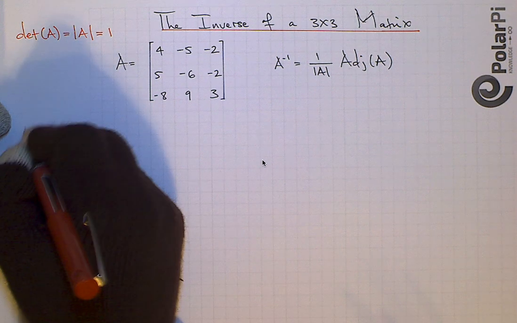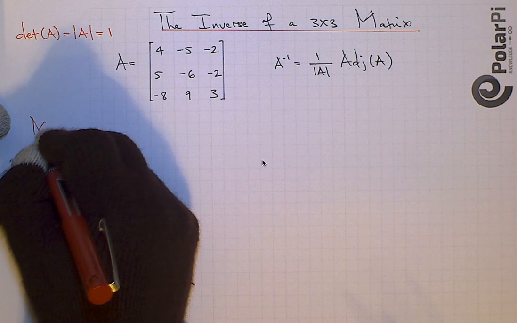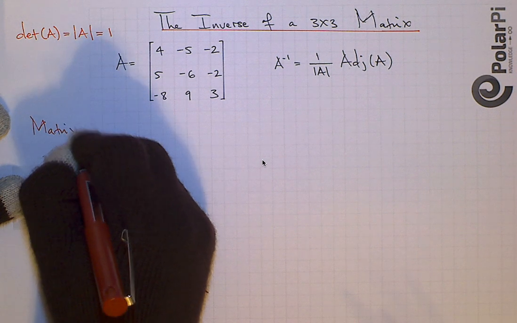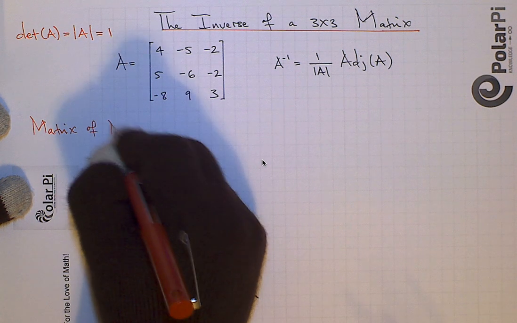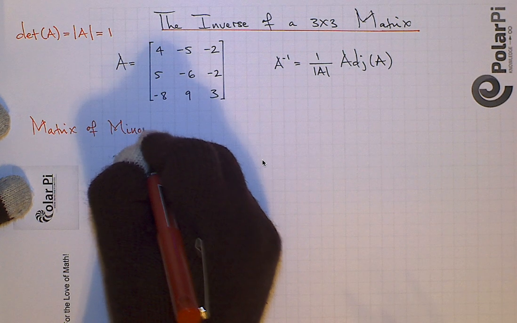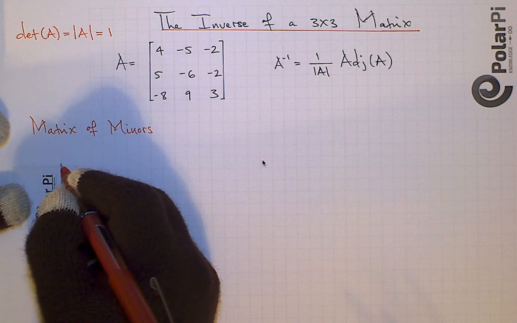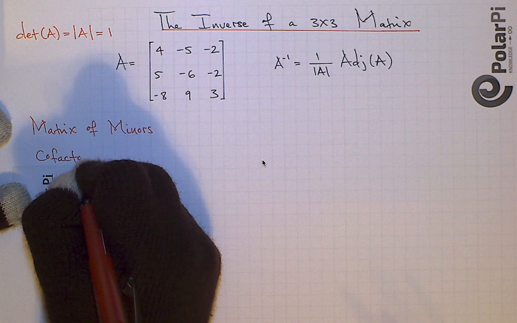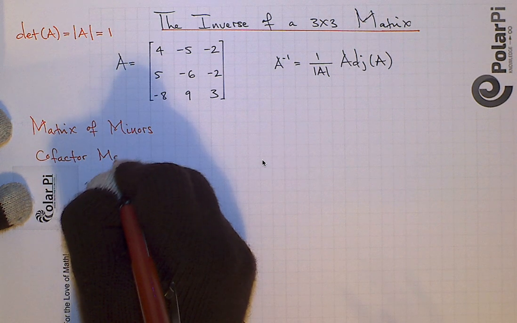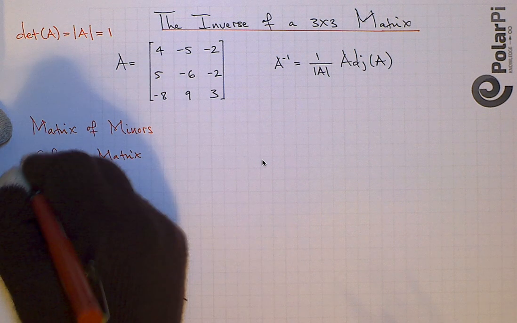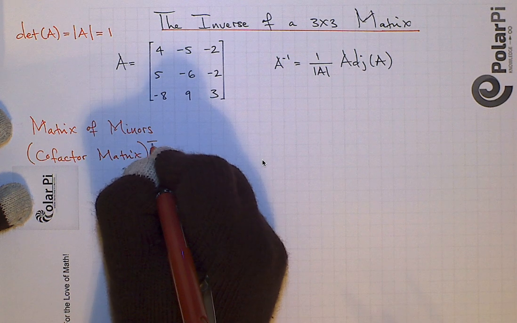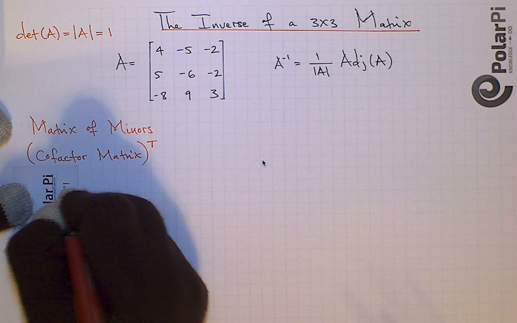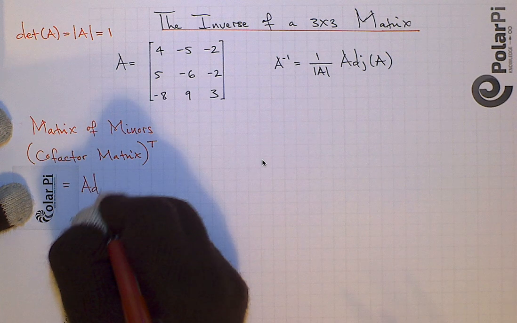Here's how you find the adjoint matrix. You start with what's called the matrix of minors. Then you transform the matrix of minors into what's called a cofactor matrix. If you take the transpose of the cofactor matrix, what you get is the adjoint matrix.